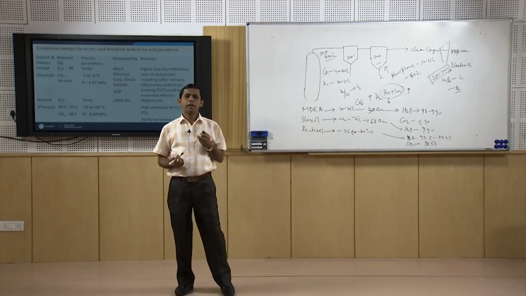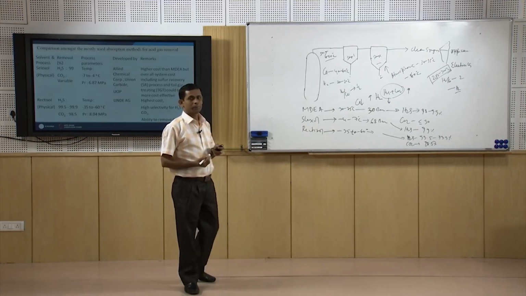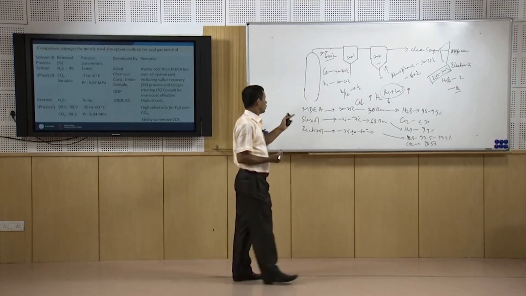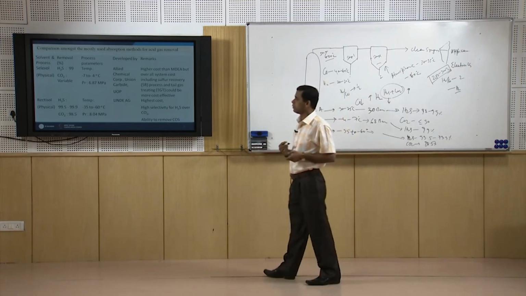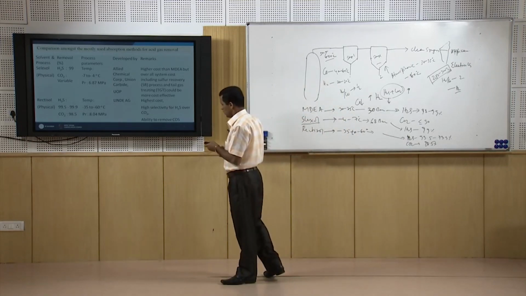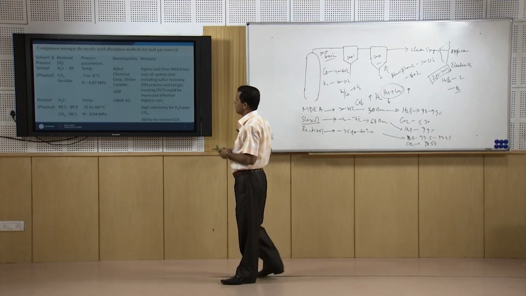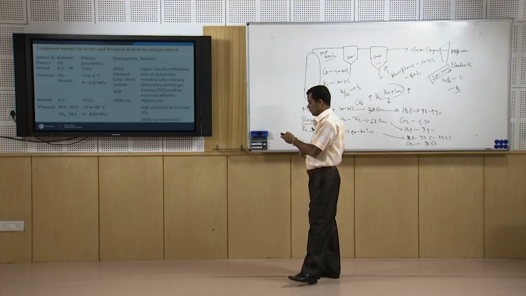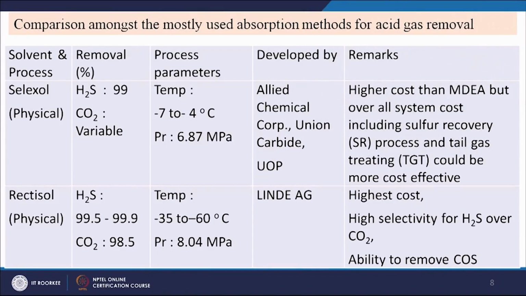That is why, in spite of higher cost, Rectisol has been used in commercial plants. MDEA has also been used in commercial plants because of its low cost, but Selexol is less used in comparison to these two. Here the technology licensors are given. Rectisol is developed by Linde AG, and the important features we have discussed.